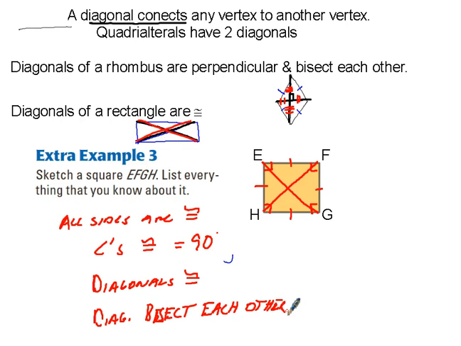So let's see if we can get a different color for that. So that piece will be equal to that piece, and this piece will be equal to that piece. Diagonals are congruent also. What else do we know? Angles equal 90. All sides are congruent.